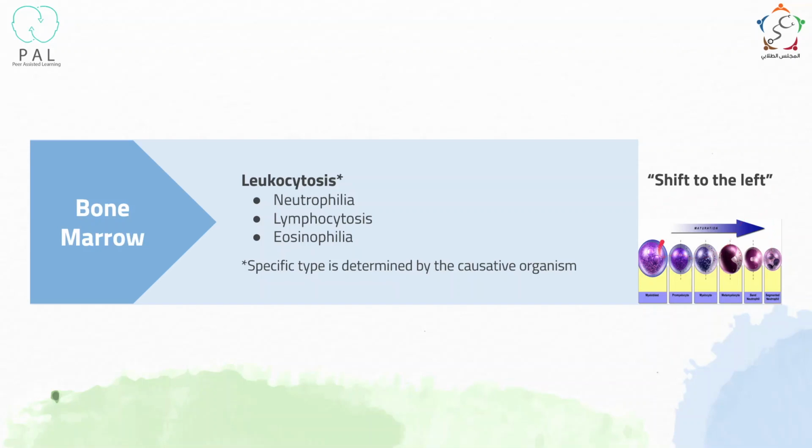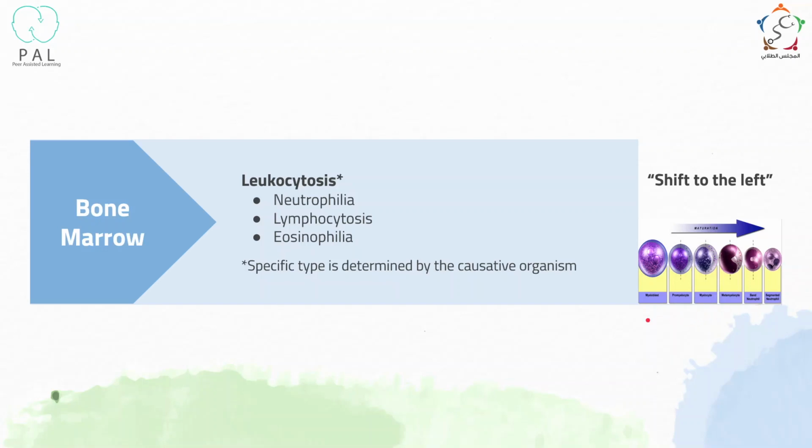This is the normal maturation way. However, if the body is not able to produce all cells that are mature, some of them might be released immaturely, and this is called a shift to the left because we're going that way instead. So these are released as well, however, without completing the pathway. I think it's clear.